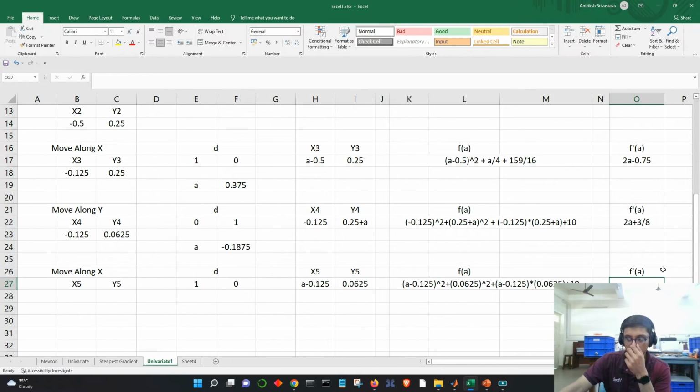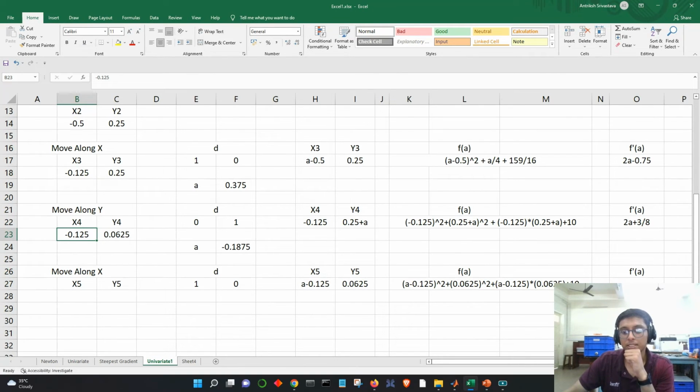So here's one more trick which you can use, Manohar. Look at this particular thing. If we somehow know what the answer is, and we are approaching towards the answer or not, we can see. So this a minus 0.125, it has to go near 0, right? And for this to go near 0, we need to reduce this minus 0.125, so the a should be positive.